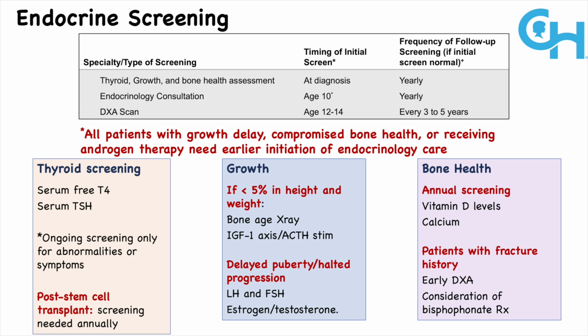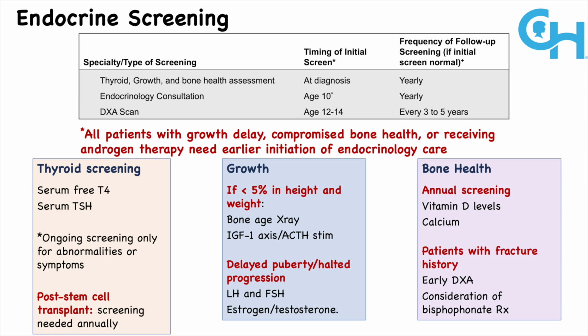And then you send a variety of studies, including something that's called a stim test, to look for function of growth hormone. Some patients with telomere biology diseases have short stature because of growth hormone deficiency, and some have it because of factors that are independent to it. And so this testing helps to predict whether a patient could potentially benefit from growth hormone therapy.